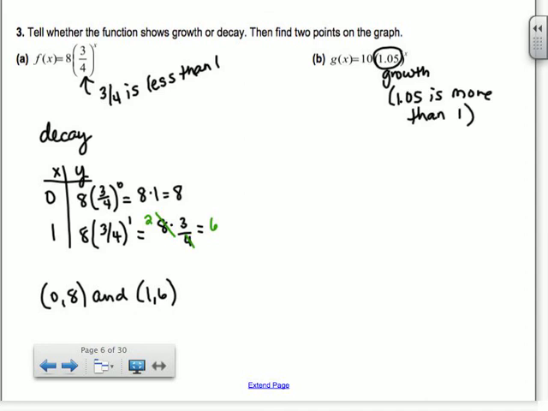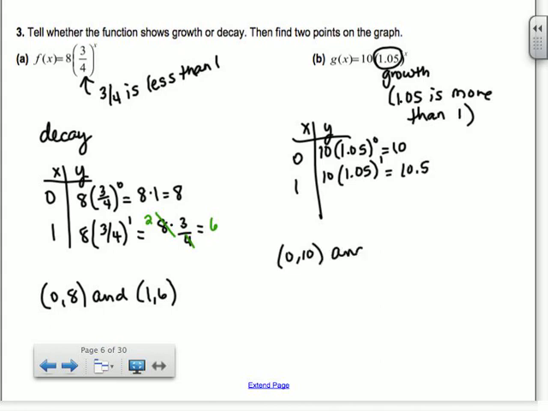All right, and Gabby says she plugged in 0 and got 10, because you'd have 10 times 1.05 to the 0, so it's just 10. If you plug in 1, you get 10 times 1.05 to the 1, which is 10.5. So our 2 points are (0, 10) and (1, 10.5).